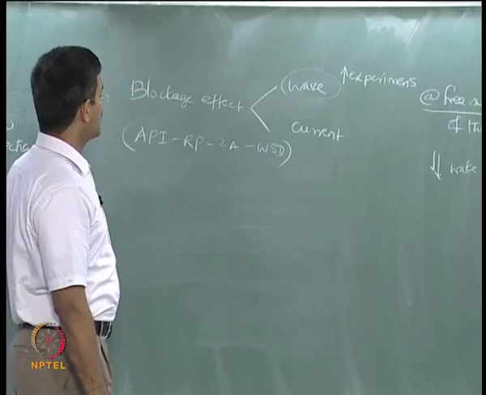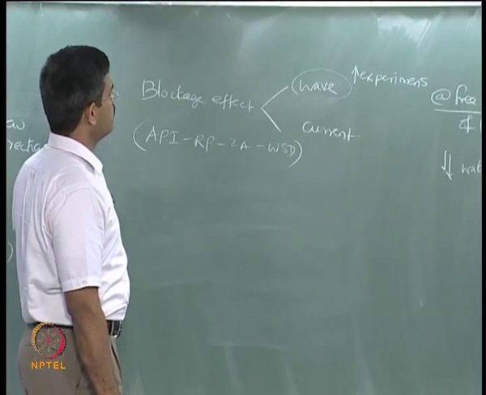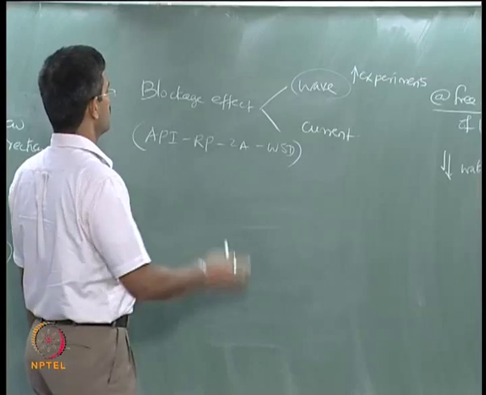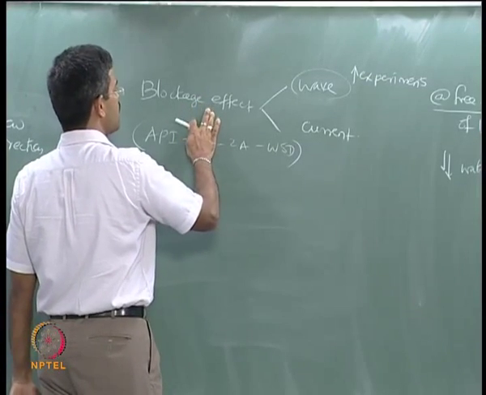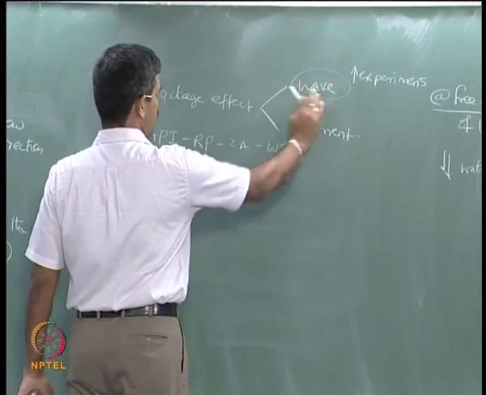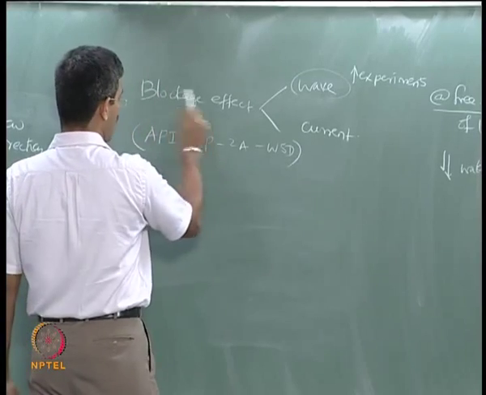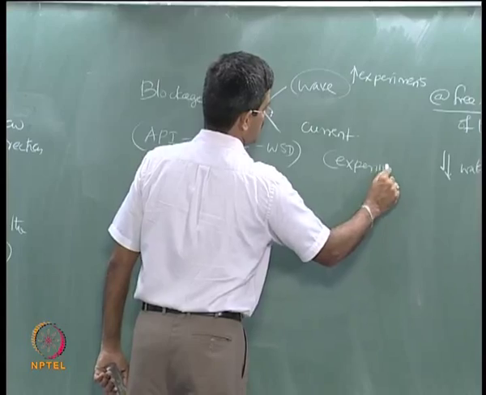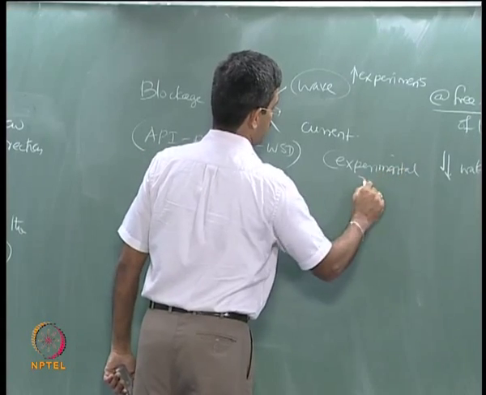Therefore, as far as blockage effect and wave loading is concerned, people do not account for the increase in force because of blockage effect on waves, whereas in case of blockage effect in current there have been very good experimental results available in the literature.